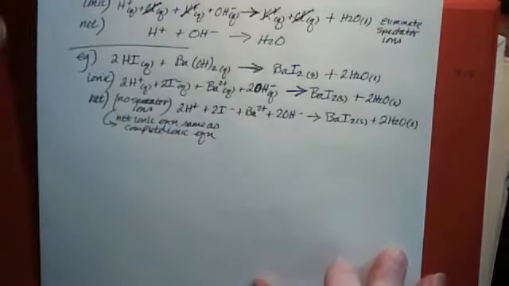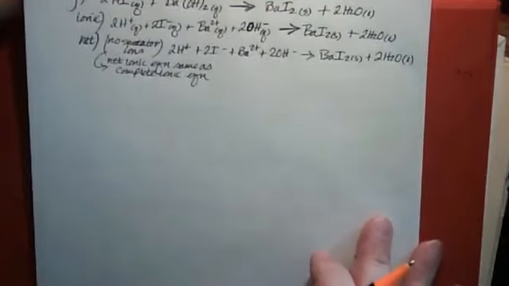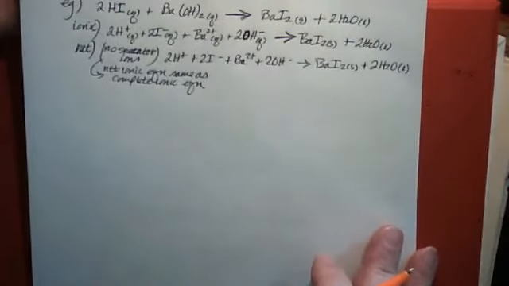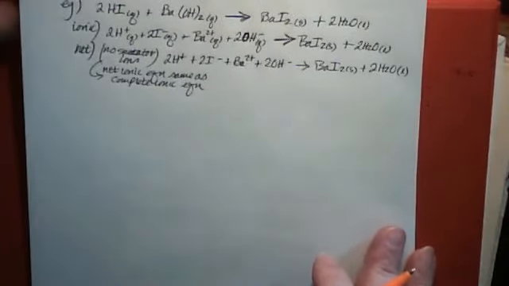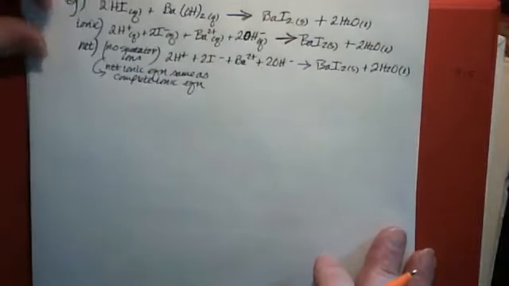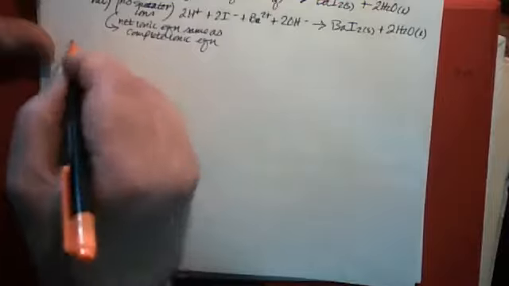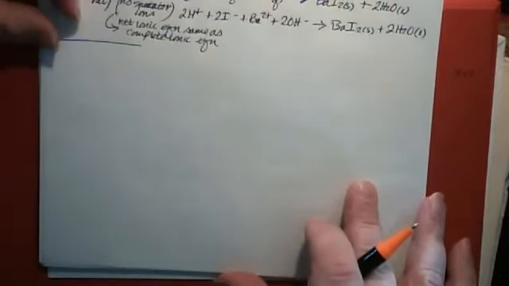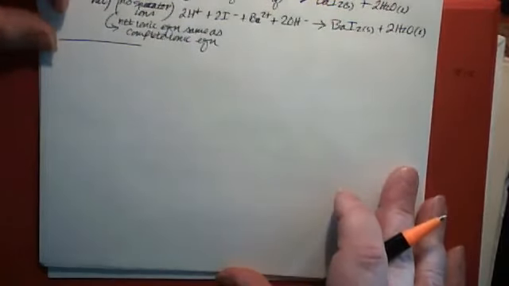So if there are no spectator ions, the net ionic equation will be the same as the complete ionic equation, which saves you a little work, I guess, although it means that the net ionic equation is longer, so you have to write more.